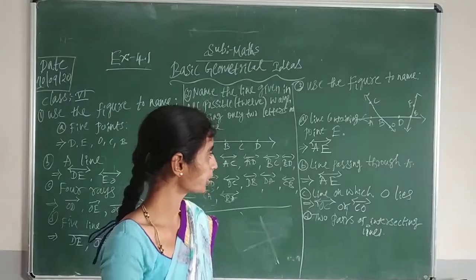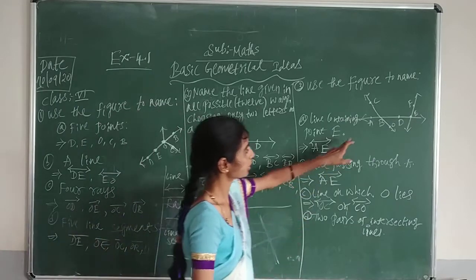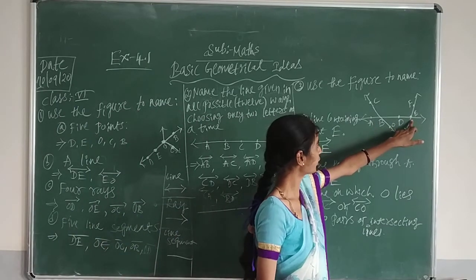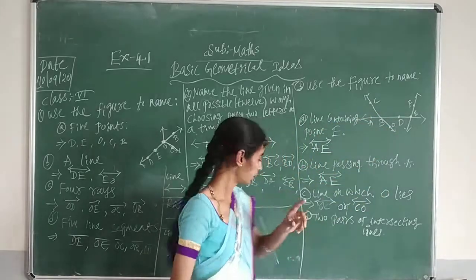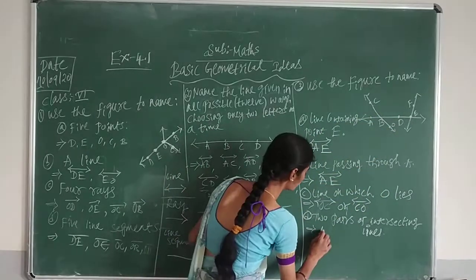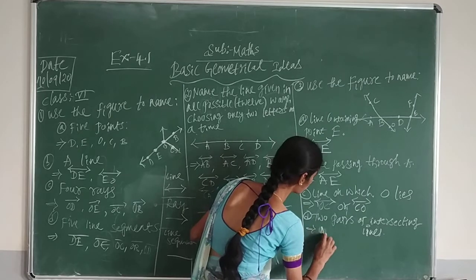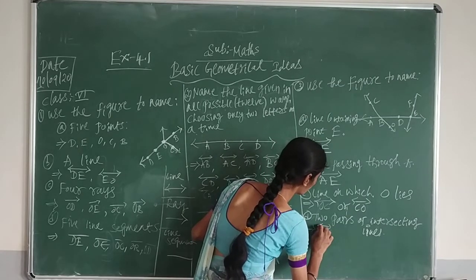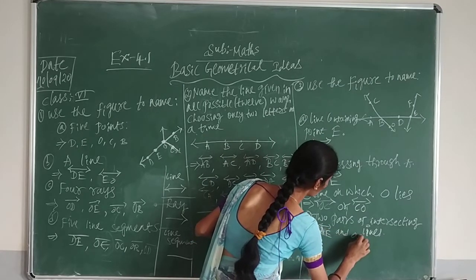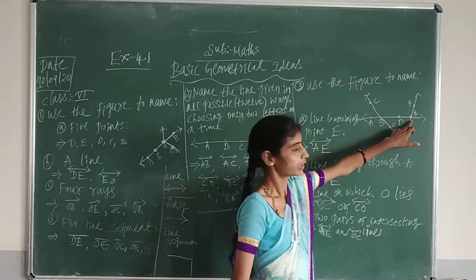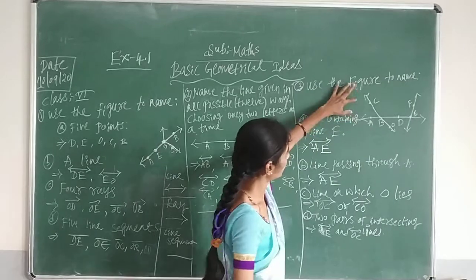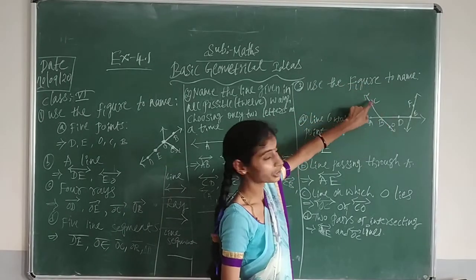Which are those two pairs, children? OE is one line and you can take OC is one line. So first pair you can take AE and OC. AE is one line and this line is intersecting. Which is that line?